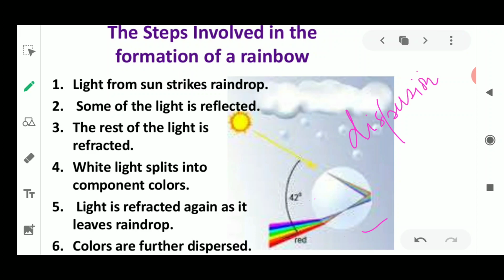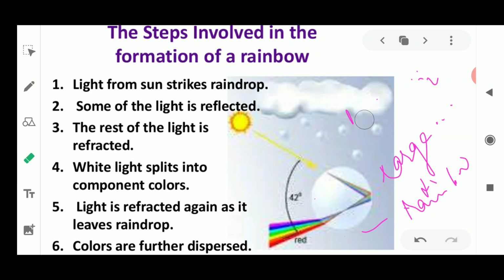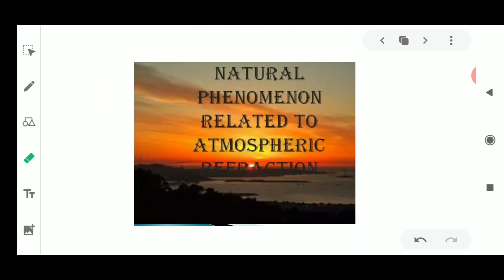This dispersion is happening because of the raindrops, and this large number of raindrops helps in the formation of a rainbow. Okay, so this was about the formation of the rainbow. Now we move on to the next slide and see the next phenomenon.